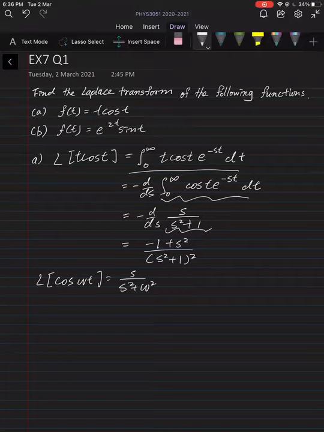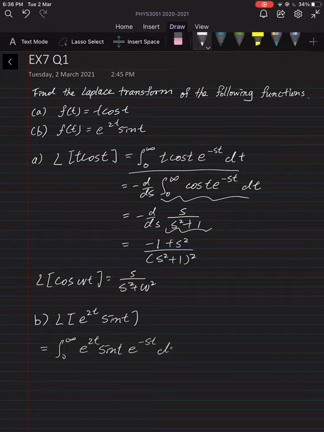Okay, then move on to part B. For this question, the function is e to the power 2t times sine t. So it is just the integral of e to the 2t sine t e to the minus st dt. Then obviously you are not supposed to do the integral explicitly.